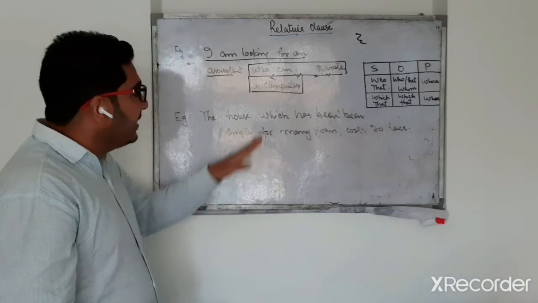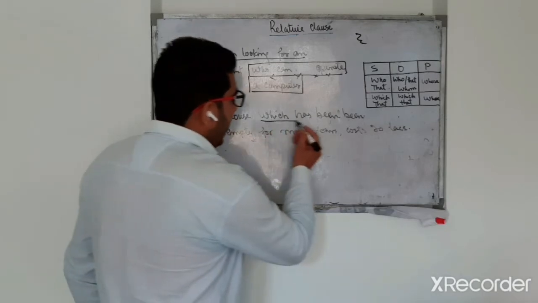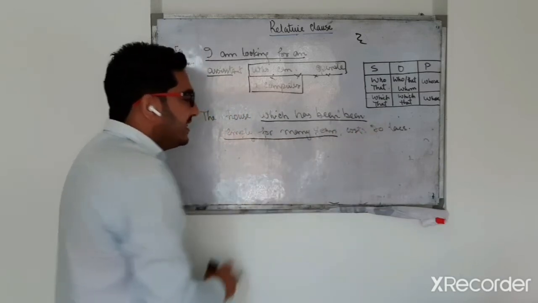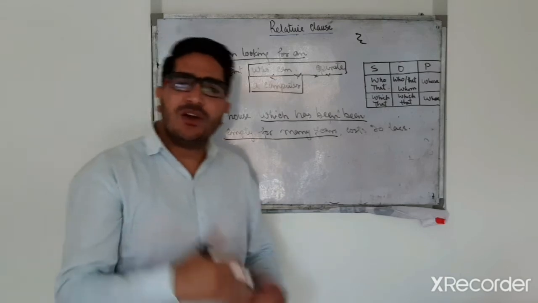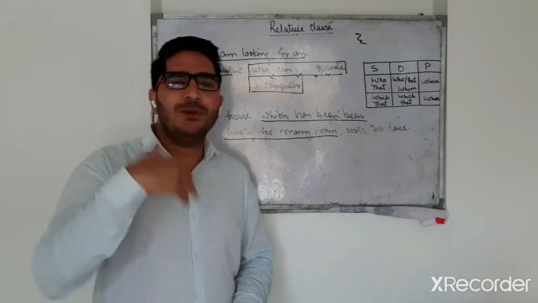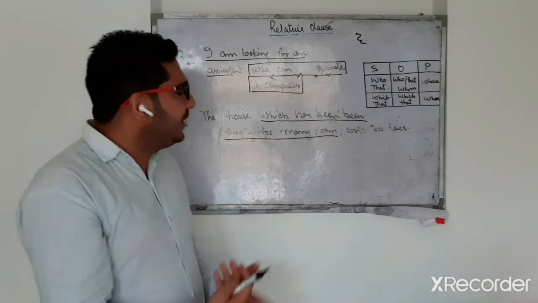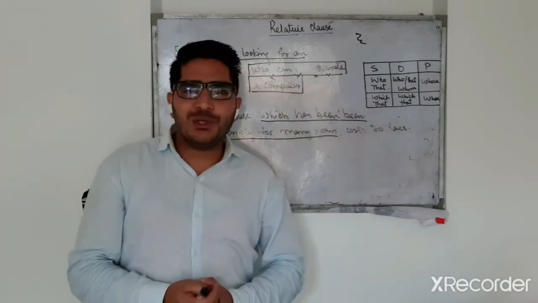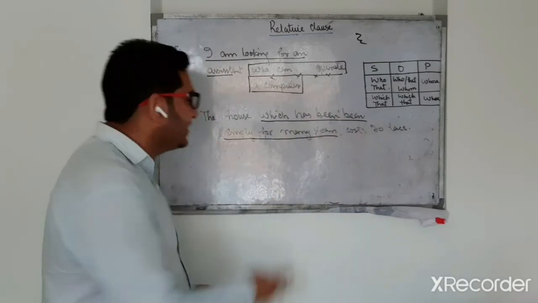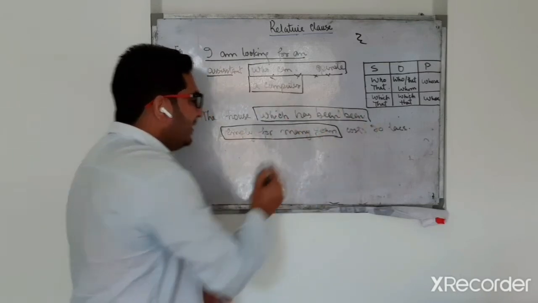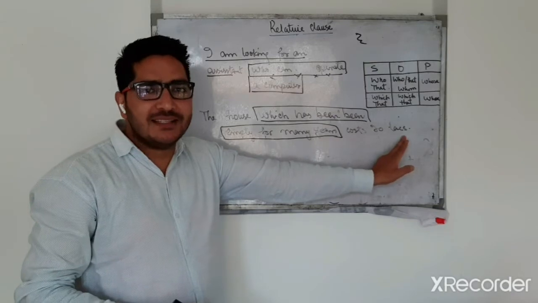And second, the house which has been empty for many years costs 20 lakh. For example, you are going to buy a house. So you will be told that the house costs 20 lakhs. So this is essential information.